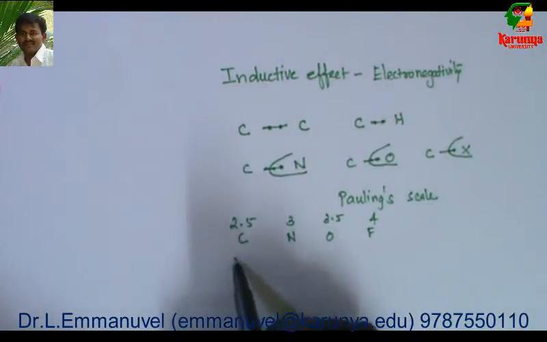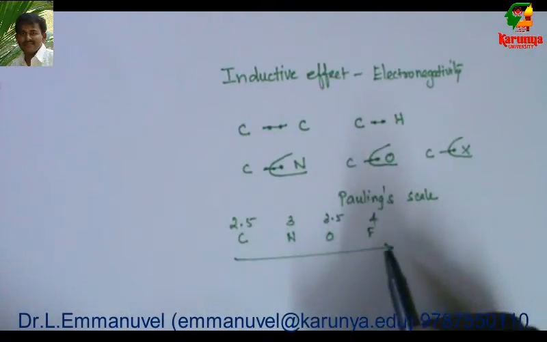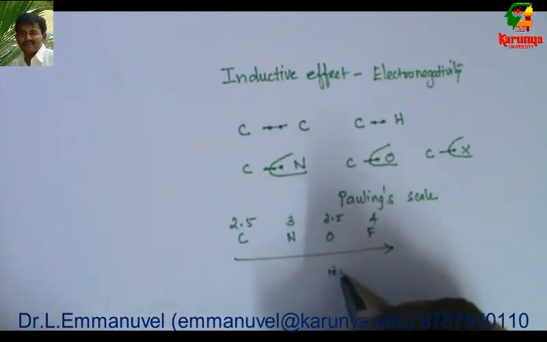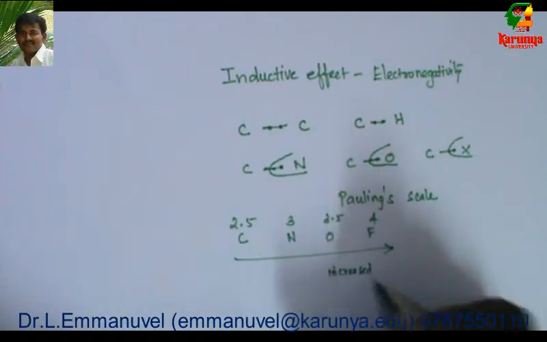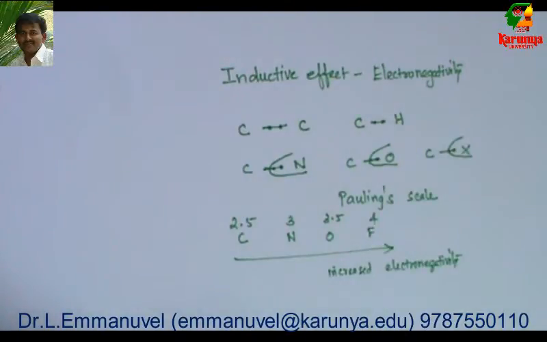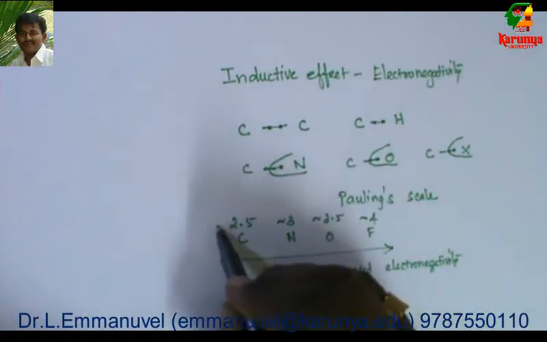So if you see in this period, when you go from carbon to fluorine, the electronegativity increases. You may know that fluorine has the highest electronegativity. It is around 4. It is not exactly 4, approximately it is 4.